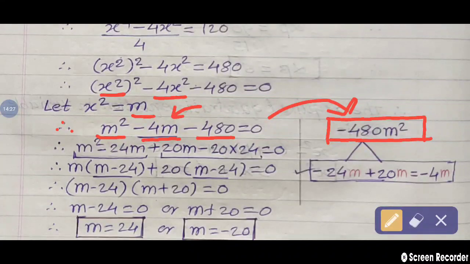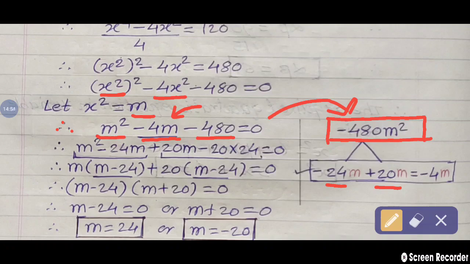Otherwise, you go step by step and try to find the factors. So 24 2s are 48, and that 0 is with 2, that is 24 multiplied by 20. Our product has a minus sign, so any one number has a minus sign. That minus sign is given to 24 or 20, which we decide from the middle term. What is our middle term?